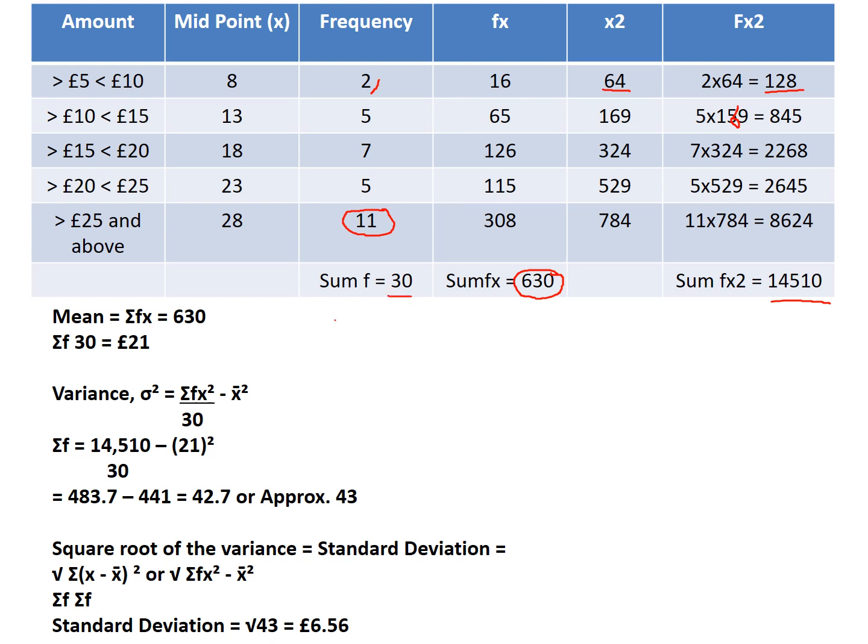So if we do 630 as we did, and we divide that by 30, that equals 21. So that equals 21, and that is the mean, that is the average. That is the average amount of money from these respondents who have selected this frequency are spending. So on average, whatever this question was, if they were spending money, people were spending around £21.